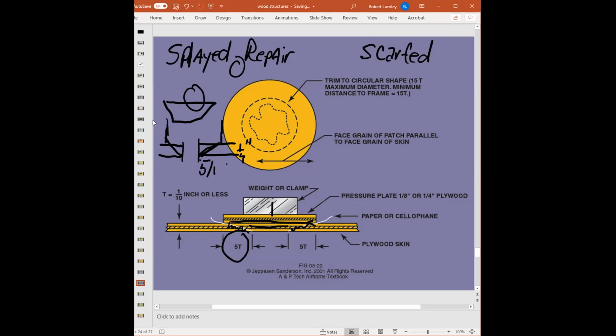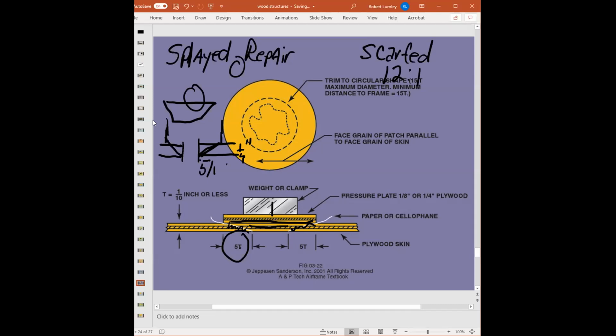The difference between a splayed repair and a scarfed is a splayed repair is 5 to 1 or 5 times the thickness, where a scarfed is 12 times the thickness or 12 to 1 ratio. Okay.